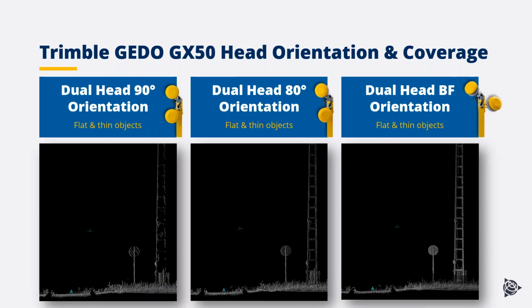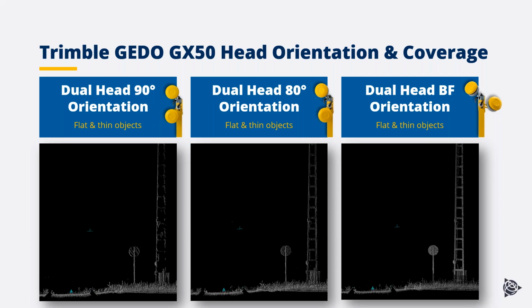The next slide shows you orientations for an example of a thin object like a sign next to the track and a post or a mast. In the left image, you have the dual head configuration in 90 degrees. So basically, you walk by and you capture a certain amount of points of that thin object.